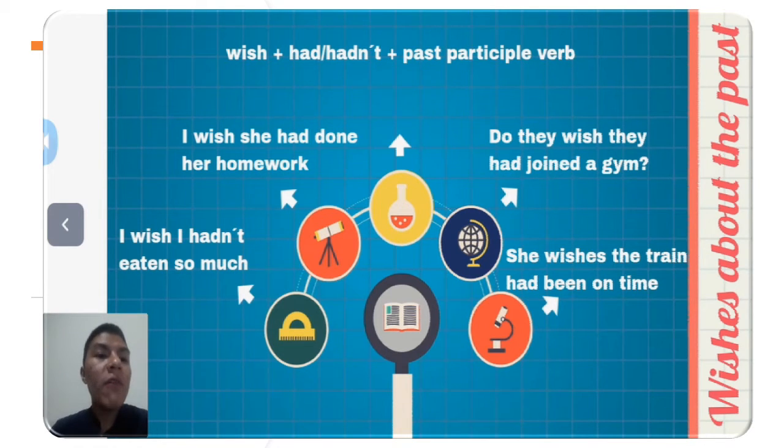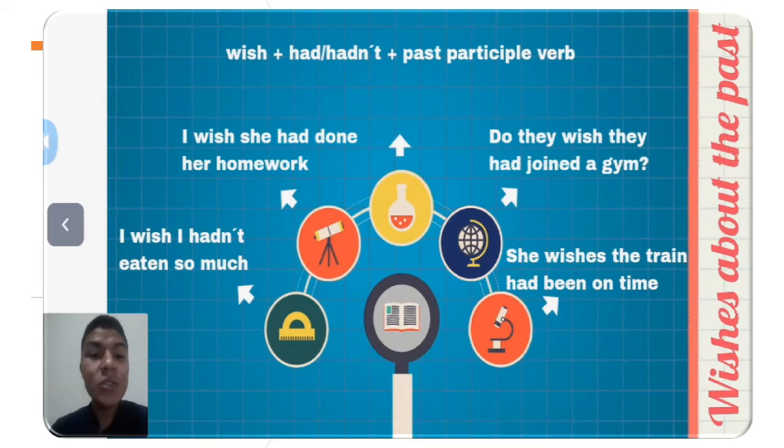And then we have a question, because we can also make questions with this part of grammar. So the question says, do they wish they had joined a gym? And it means that it is asking if they really wanted to join a gym in the past, right? Because all these actions took place in the past. And the last example says, she wishes the train had been on time.